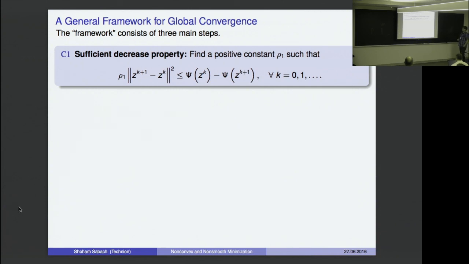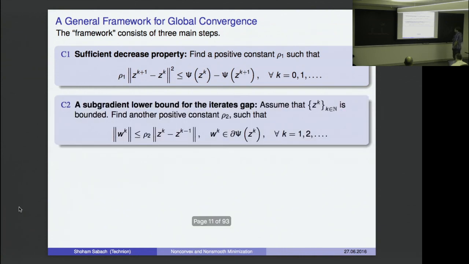The first condition requires us to show that the sequence of function values psi of zk is a sufficient descent sequence. The decrease should be proportional to the squared norm of the gap between two successive iterations.